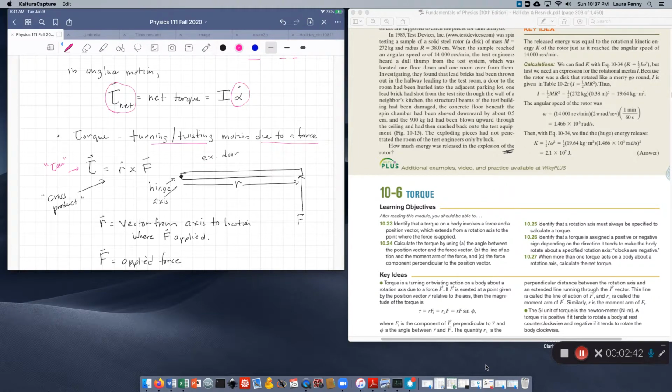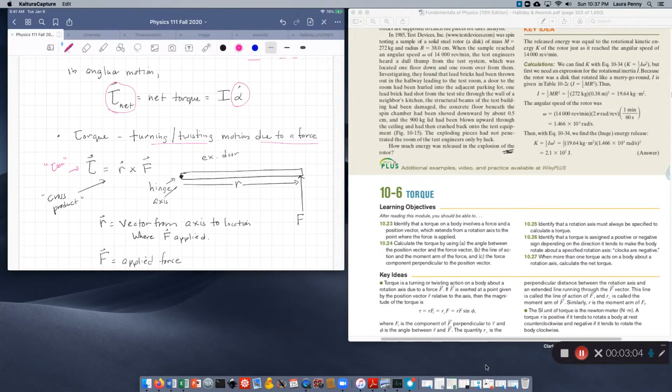Pretty much all the motions that your body does are torques. There's some axis, which are your joints, and then the rest of them move around, either clockwise or counterclockwise.